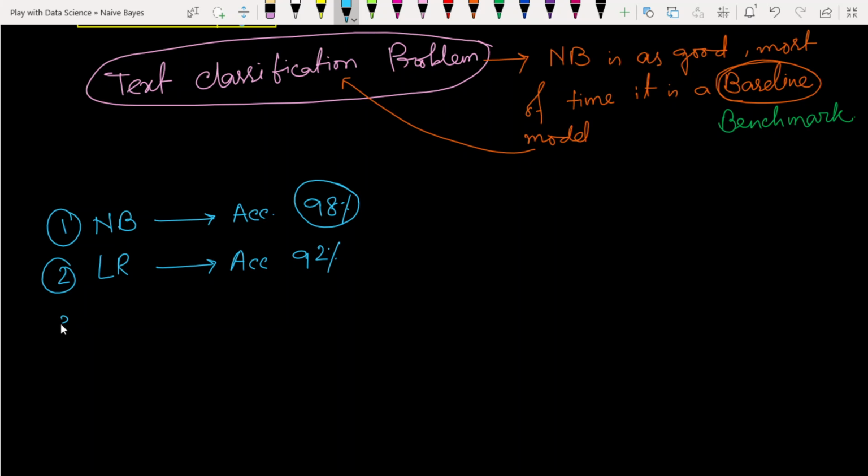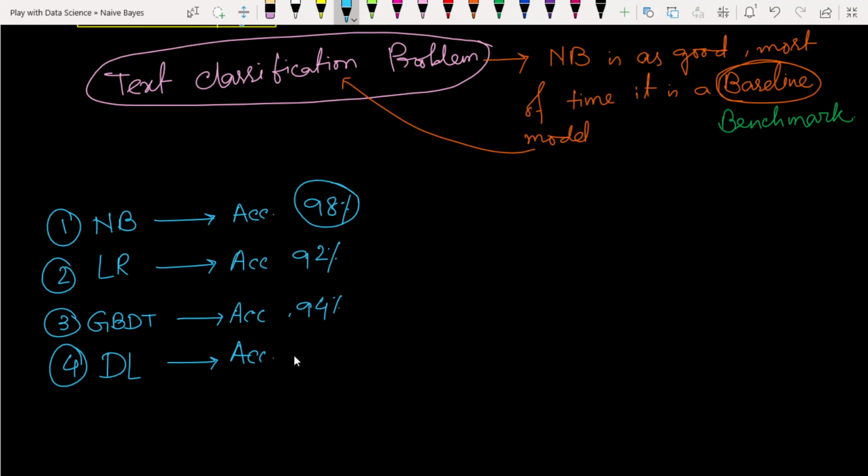Suppose we apply gradient boosted decision trees, and its accuracy is 94%. And suppose we use a deep learning model, and its accuracy is 98.5%.